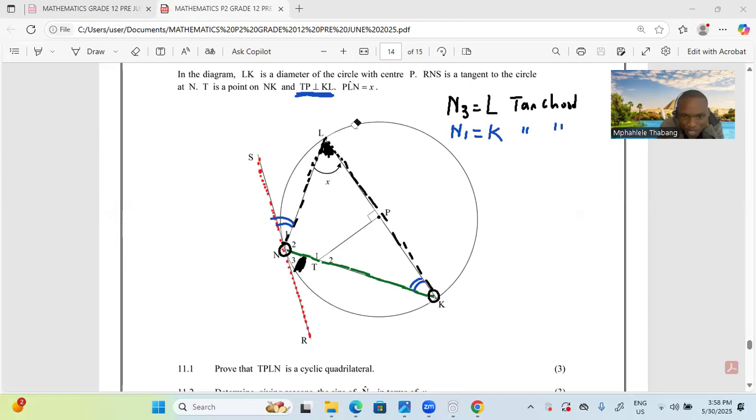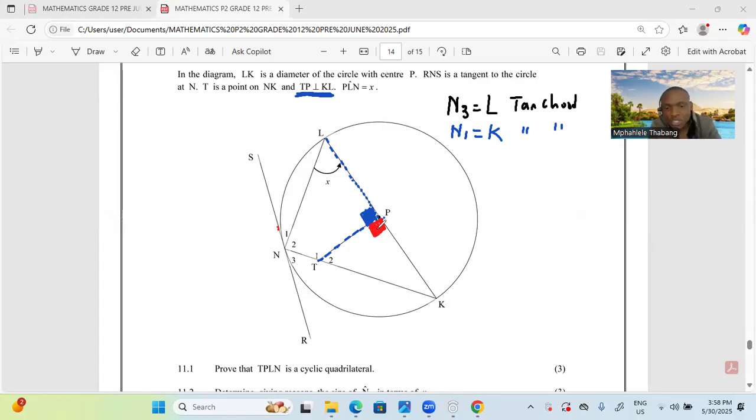Let us look at TP, which is perpendicular to this line, which means that at the point of contact, this angle here is 90 degrees, and the angle on this side is also 90 degrees, according to the angles on a straight line.